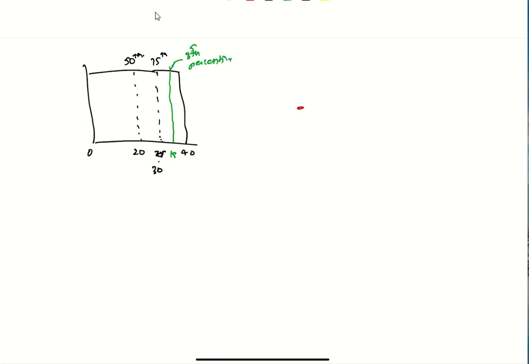So k is the value corresponding to the 85th percentile.